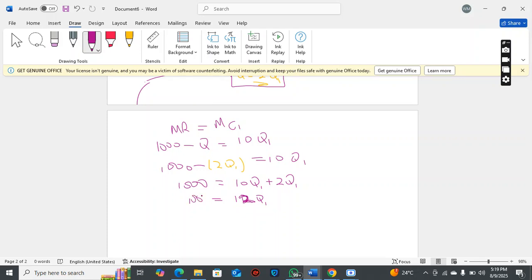We have 1000 here, so if we divide both sides by 12, 1000 divided by 12, let's get our calculators.